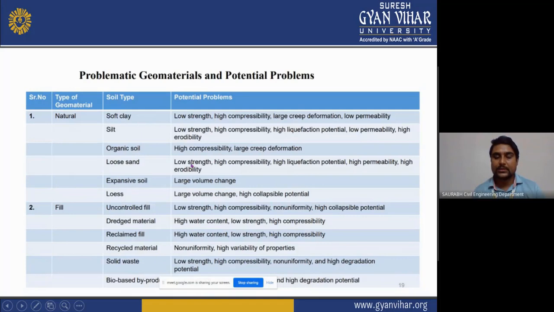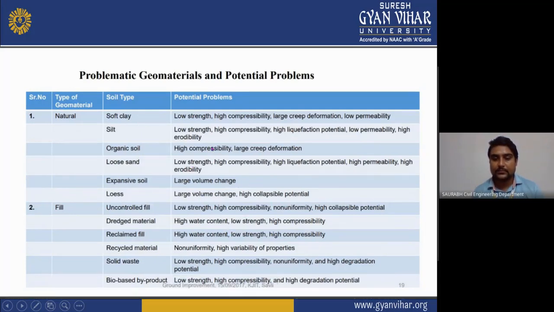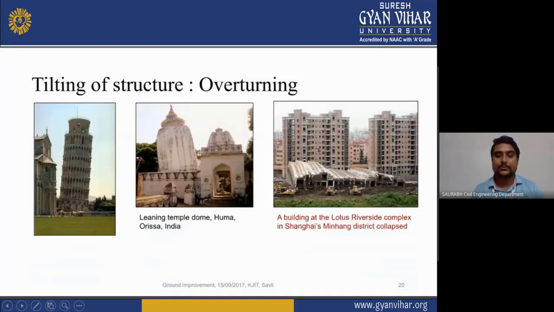So in this soil there are some different qualities, and they create some potential problems, like some have low strength, some have high compressibility, some have high liquefaction potential. So this soil can be improved by the methods of ground improvement.